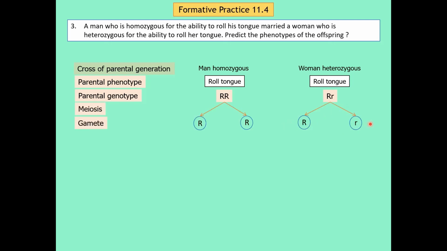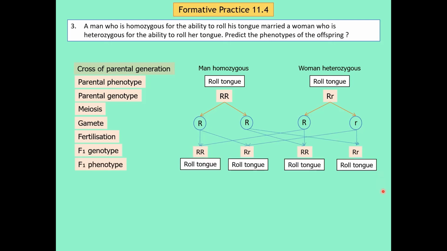Meiosis process, gametes, and the genotype of the filial 1 generation. This is homozygous dominant, heterozygous dominant, homozygous dominant, heterozygous dominant. So this is the phenotype of the filial 1 generation. All can roll tongues.